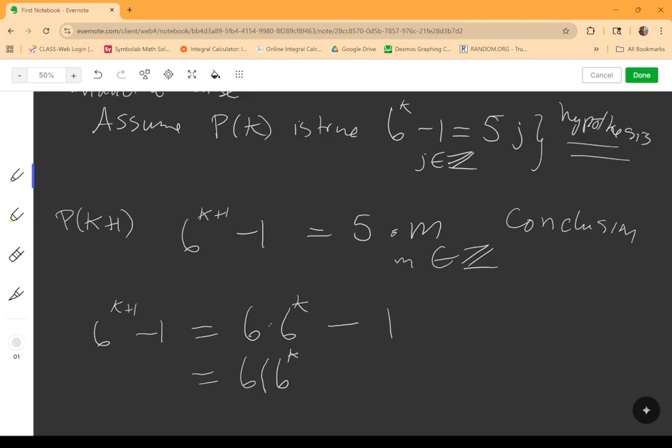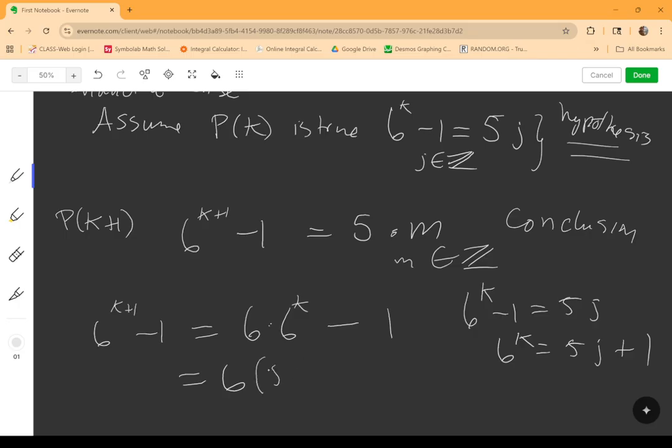I'm going to use my hypothesis, and here I know that 6 to the k minus 1 is equal to 5j. So 6 to the k is 5j plus 1, adding 1 to both sides. I'm assuming this is true, that's my hypothesis, so I can treat it like an equation here.